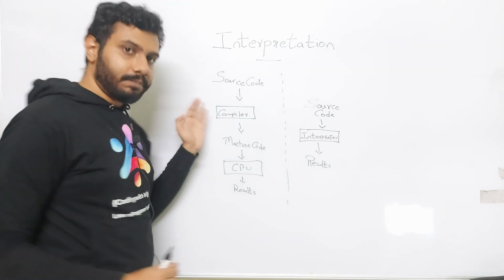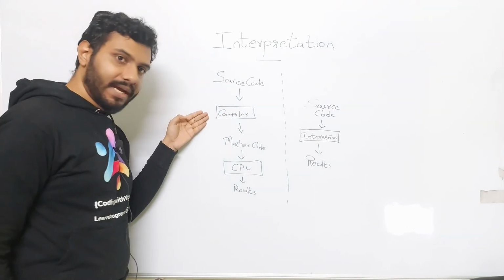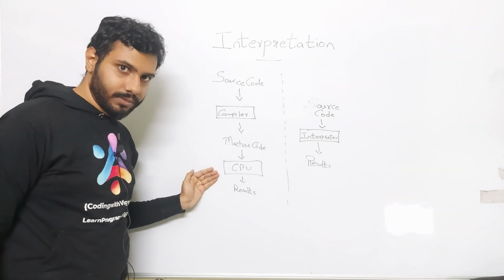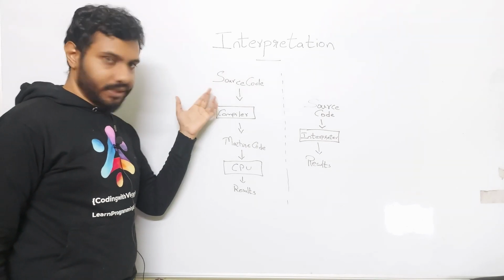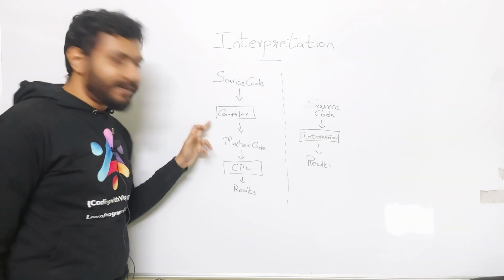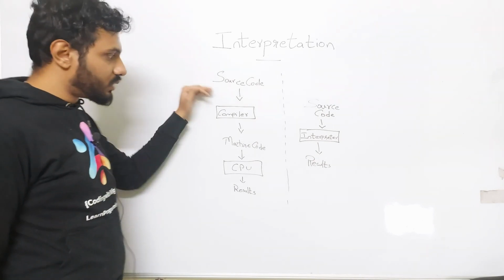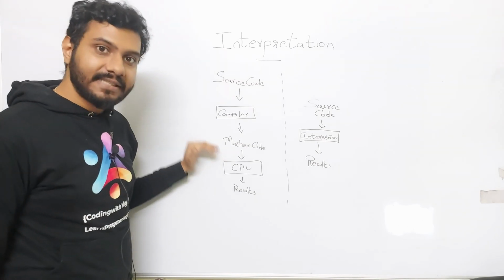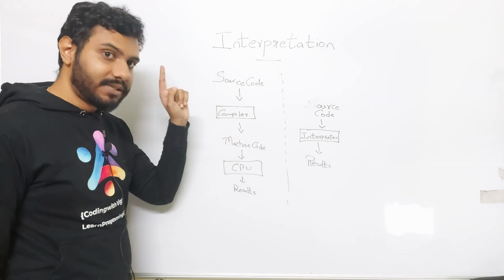In compiler language we have two steps: compilation and execution. Source code is given to the compiler and it is compiled, converting into machine code. So source code is first converted into machine code, and the machine code as a set of instructions is given to the CPU.